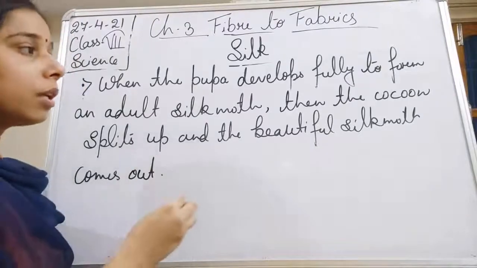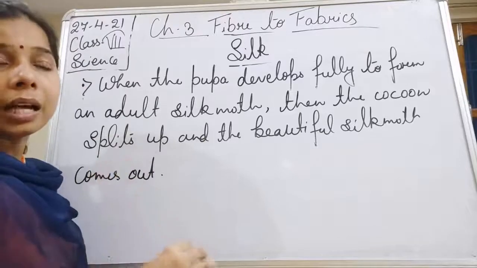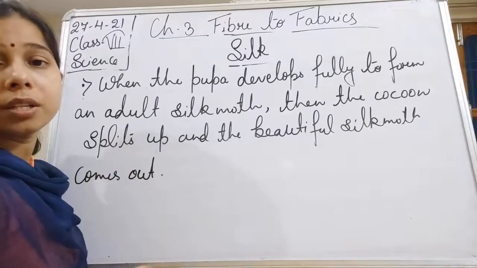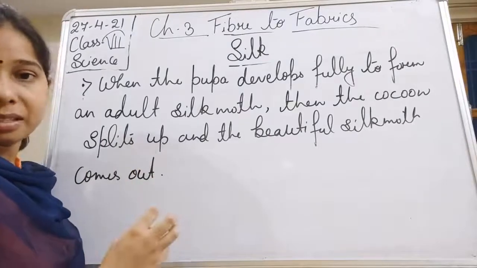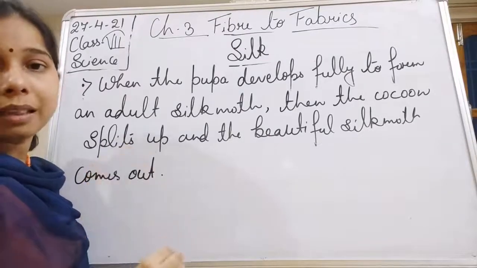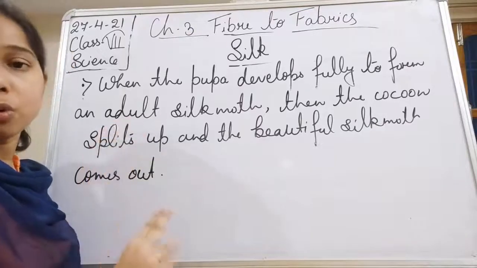Actually there also we will get the cocoon, but that will not provide good quality silk. So in order to get good quality silk, we have to kill them at the larva stage only, when the formation of the cocoon happens.